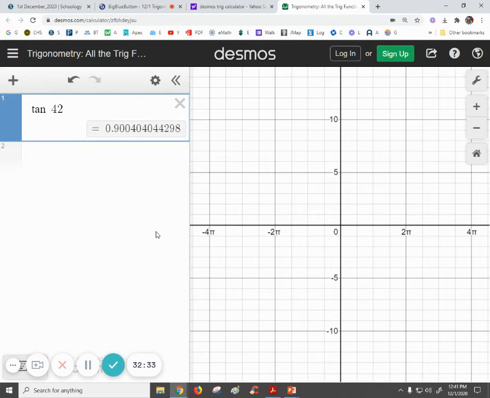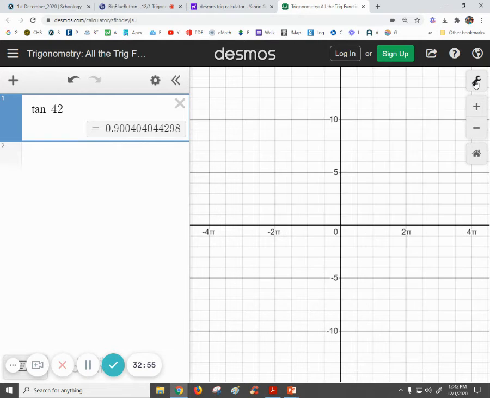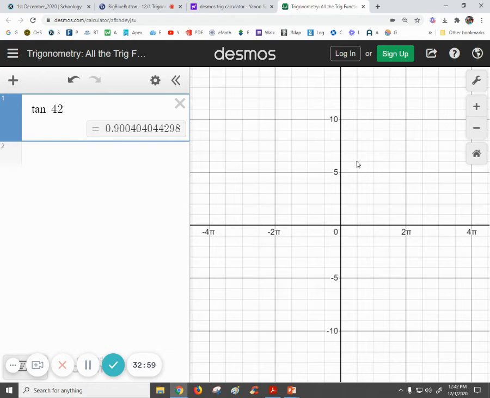Please make sure that in the graph settings it is on degrees, not on radians. If it is radians, the number is something else. Tan 42 in radians is 2.29 and in degrees it is 0.9. There is a difference. So if you don't switch here in the settings, you'll end up with a wrong answer.